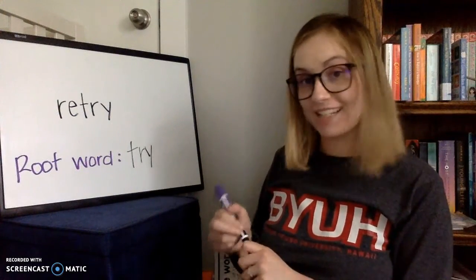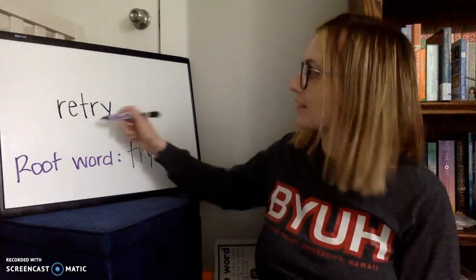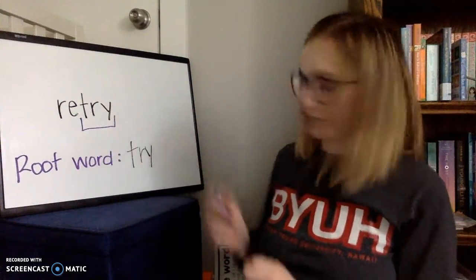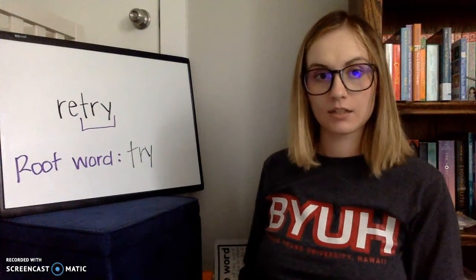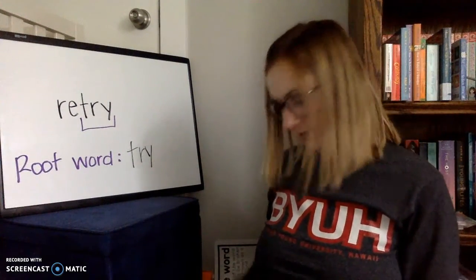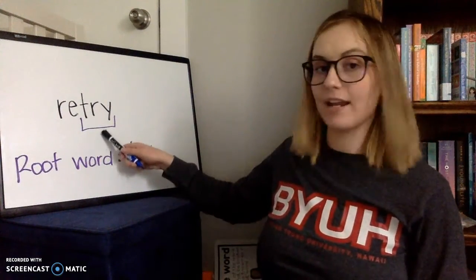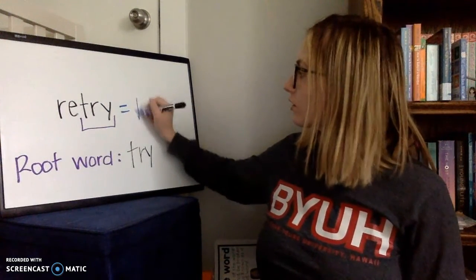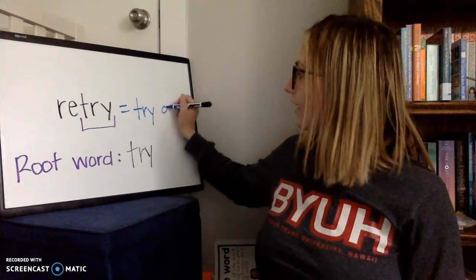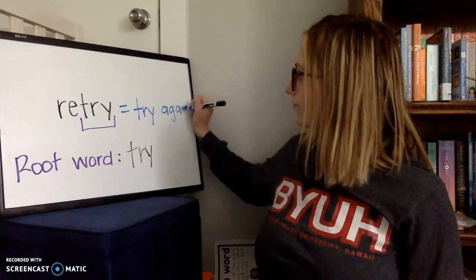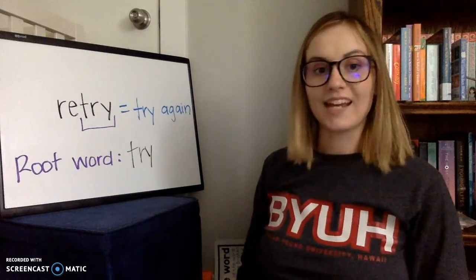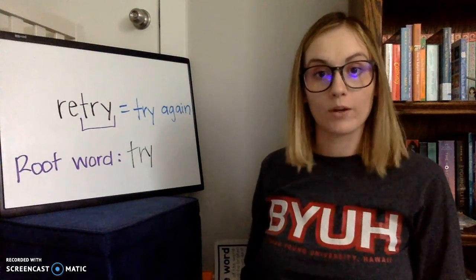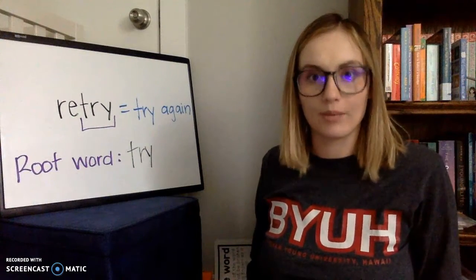Now that I can isolate my root word, that means leave it on its own, what does retry mean? It means to try again. So I can say retry equals try again. And now I've found the root word and what that word means, just with using a prefix.